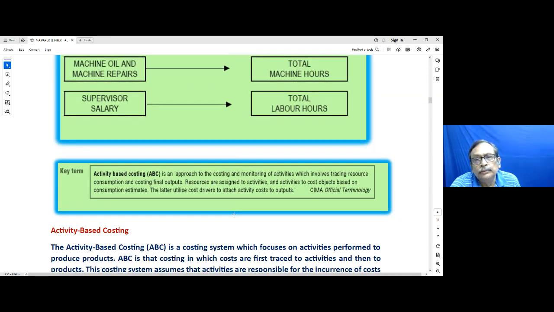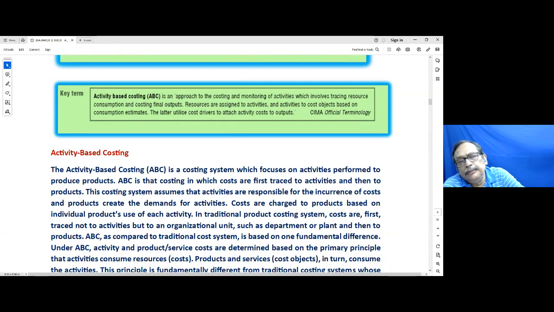Now, we come to define activity-based costing as given by the Chartered Institute of Management Accountants, London. So it is the CIMA official terminology. Activity-based costing is an approach to the costing and monitoring of activities which involves tracing resource consumption and costing final outputs.